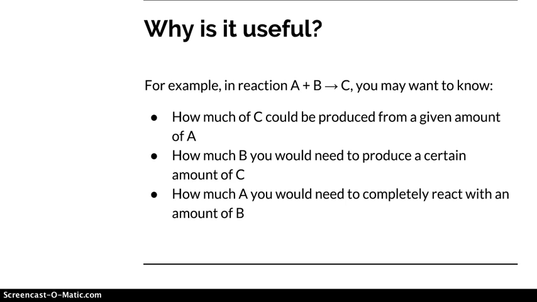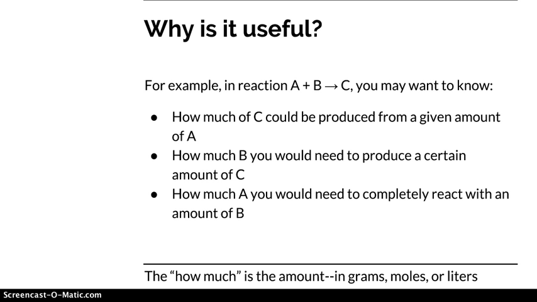But that's why stoichiometry is going to be useful to us. And it's important to remember here that when we talk about how much, we're talking about an amount, typically in grams or moles or liters.